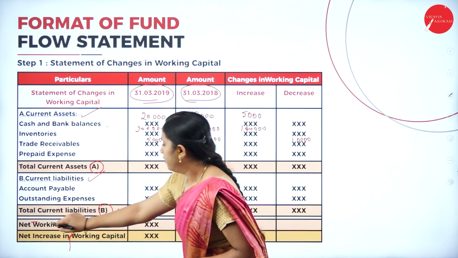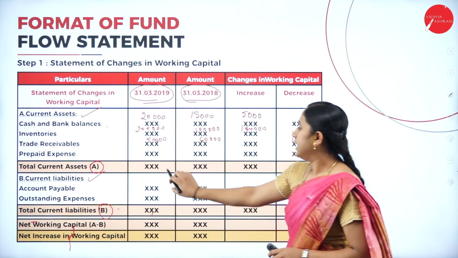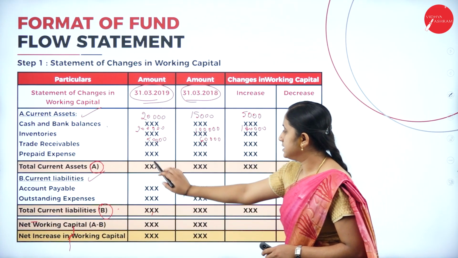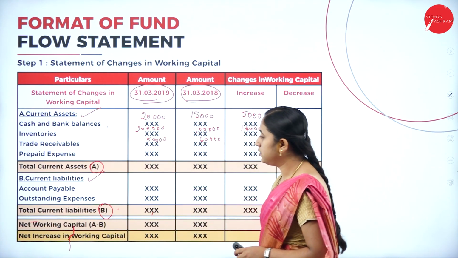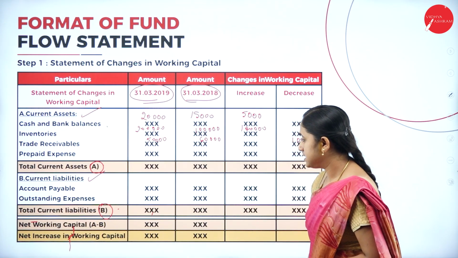Next, find the net working capital. Net working capital is equal to A minus B, current assets minus current liability. Total current assets and total current liability for the current year as well as for the previous year.